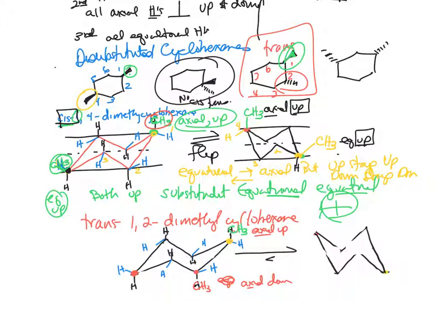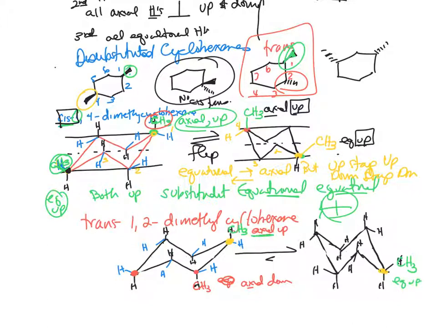All right. Put those back in. Okay. So this one here is hydrogen up, hydrogen down, hydrogen up, hydrogen down, hydrogen up, hydrogen down, equatorial down, equatorial up, equatorial down, equatorial up, equatorial down, equatorial up. Now let's focus on this carbon here. The CH3, when you flip it, up stays up, but axial becomes equatorial.